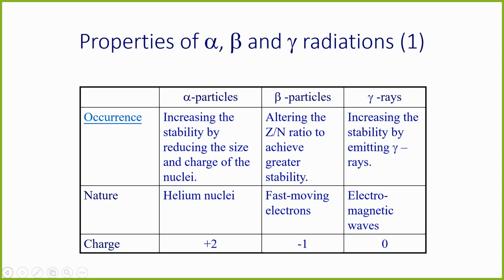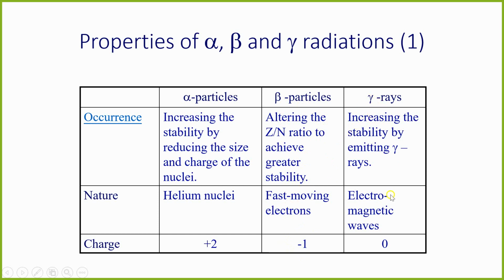For that to happen, the element is going to lose some of its positive charge, depending on what element it is. Whenever it loses 2 protons, then we can clearly identify that it is an alpha particle. Whenever the element loses an electron, then clearly that's a beta particle being given off, right?